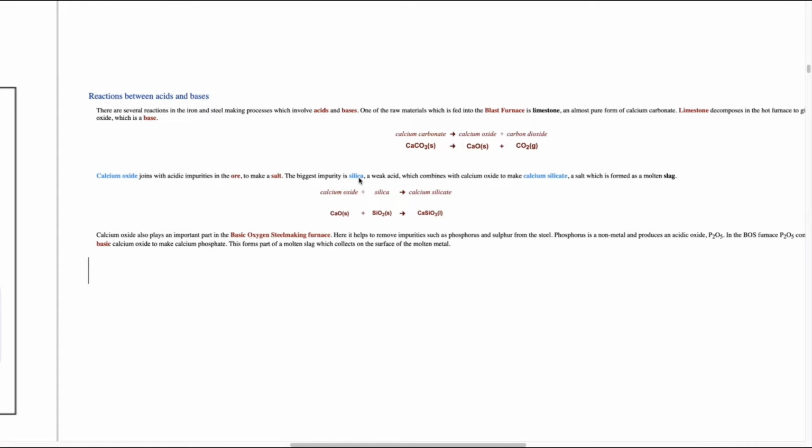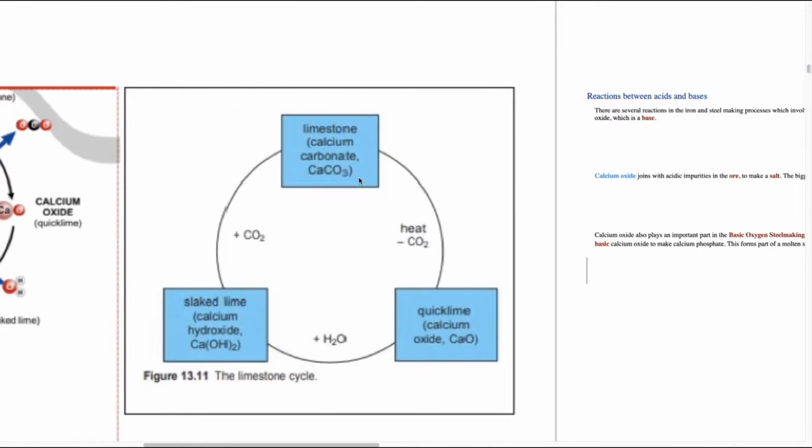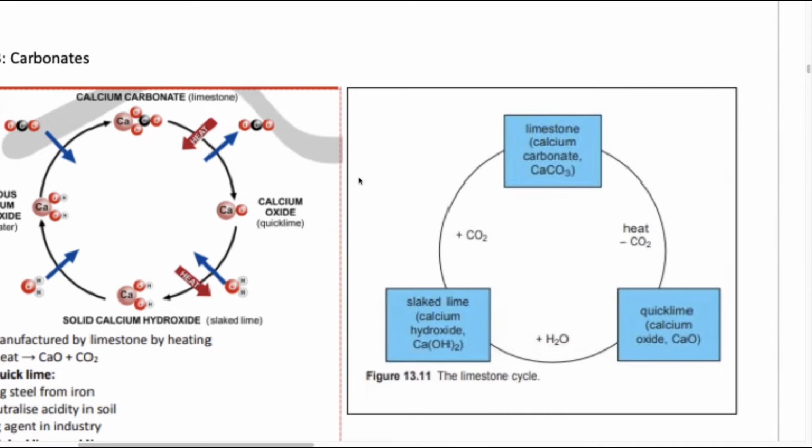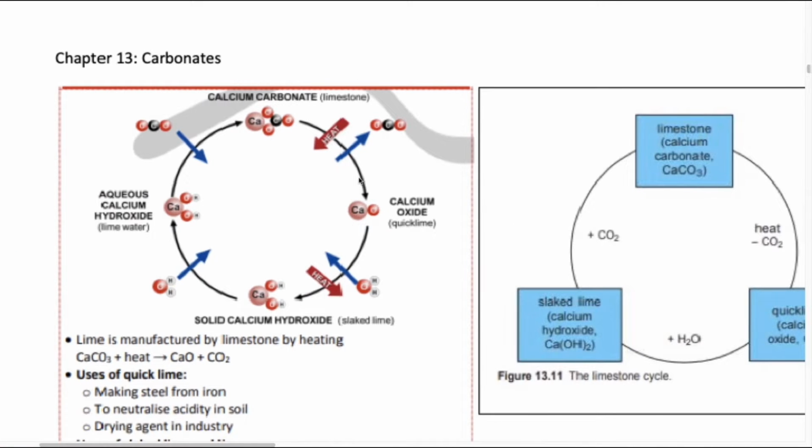So you use calcium oxide to remove the silica. The general idea is like removing the sand. Calcium oxide is quicklime. So we use the quicklime to remove the silica. And then the quicklime is like a glue texture.